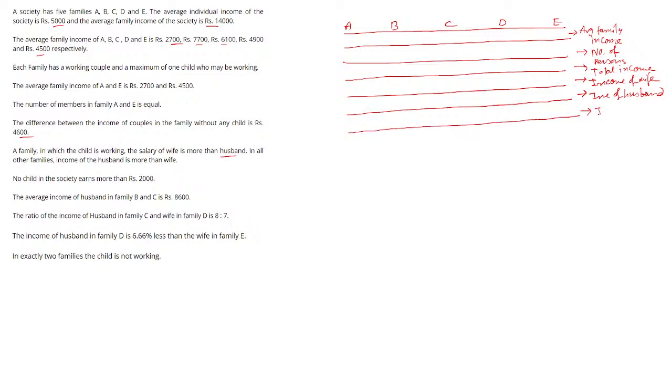The income of a child is not more than 2000. No child in the society earns more than 2000. So this is the table here: this is A, this is B, this is C, this is D, and this is E.